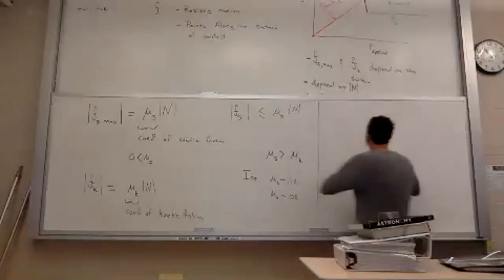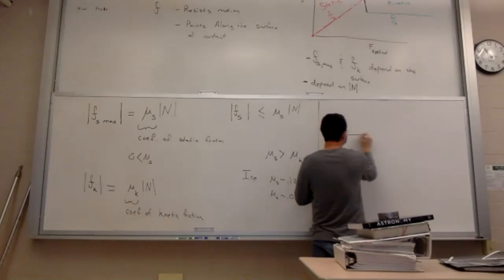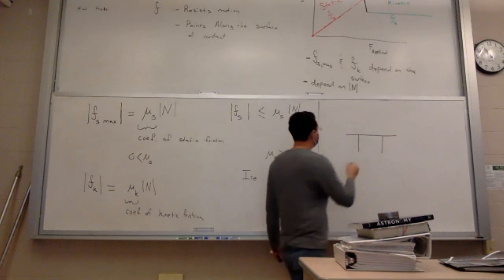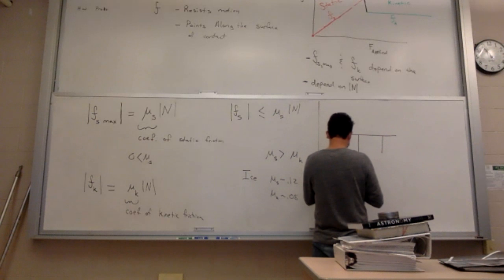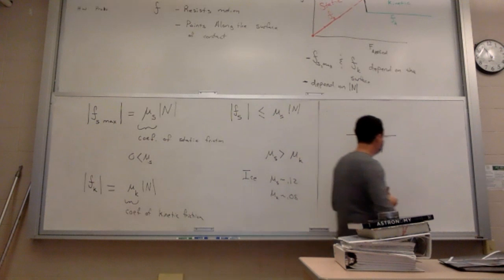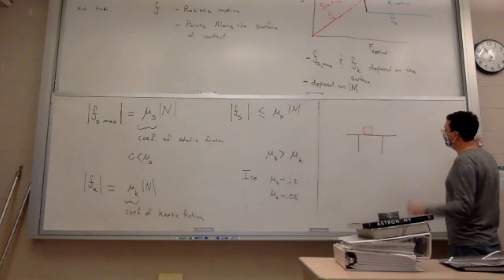Let's imagine we have a table, and on it there is a box. Just for definiteness, let's give it a mass.